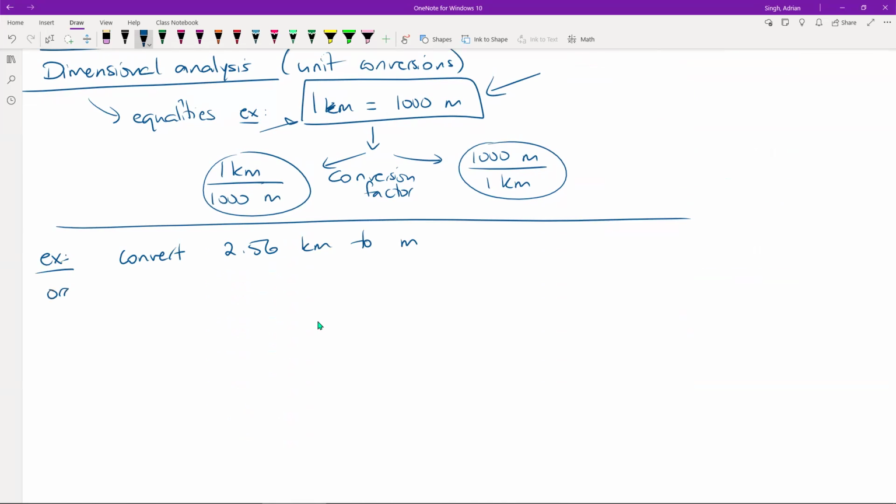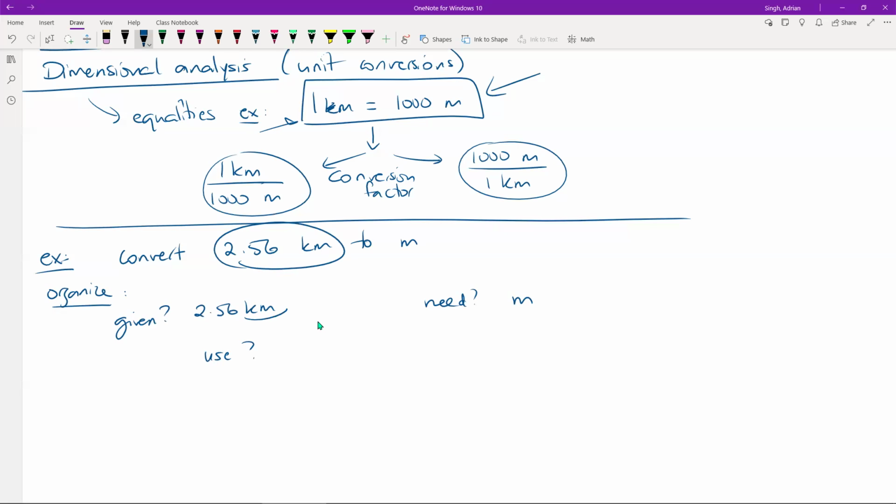You want to organize your information. First of all, what are you given? And then what do you need? Here we're given kilometers, 2.56 kilometers. We need to convert that to meters, right? So what are we going to use? Those are the three questions that you're going to ask yourself. What are you given? What do you need? And what are you going to use to get there?